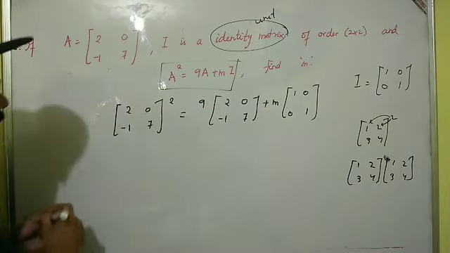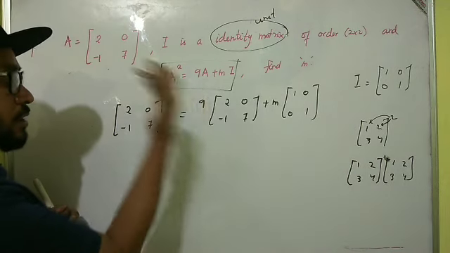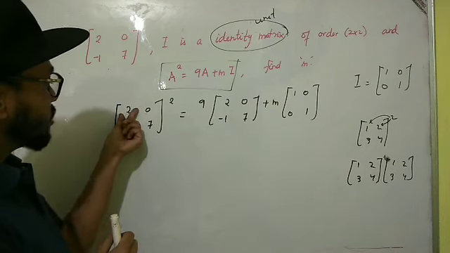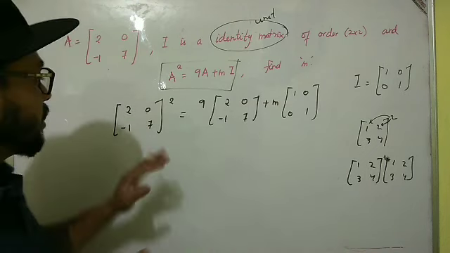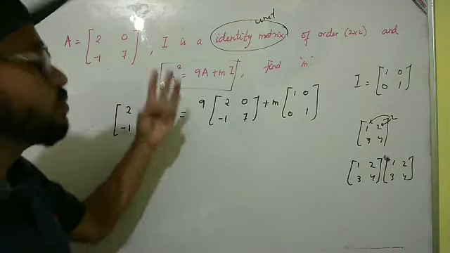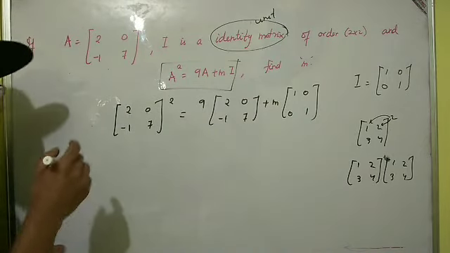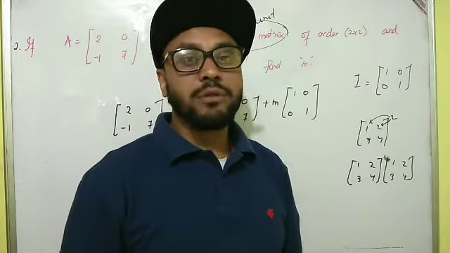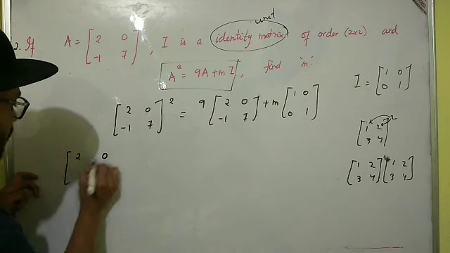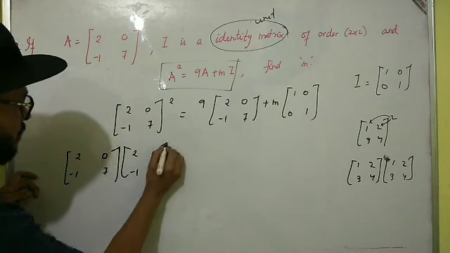If it is a cube, we multiply 3 times, or if it is the fourth power, 4 times. This is where many students make mistakes. If square is there, it means we have to write the same matrix 2 times. So I'm repeating it once again.